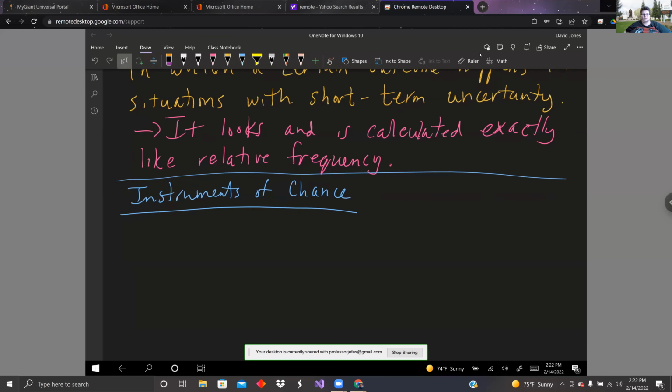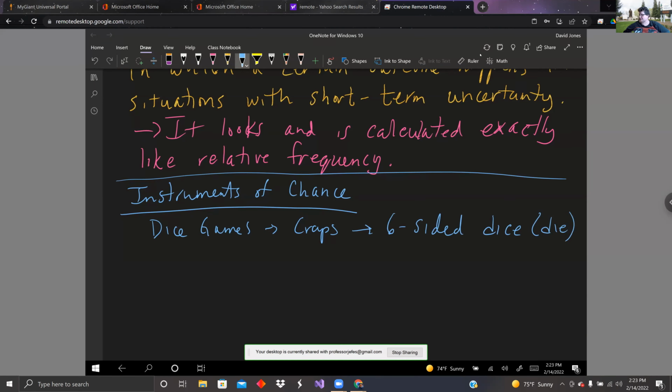Are any of you old enough to have been to a casino? I never know. Casinos have dice games like craps, where they use 6-sided dice. Dice is plural for die.